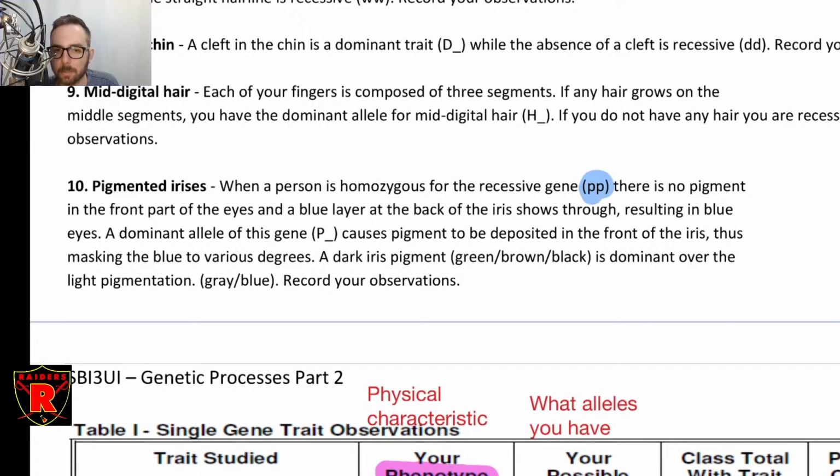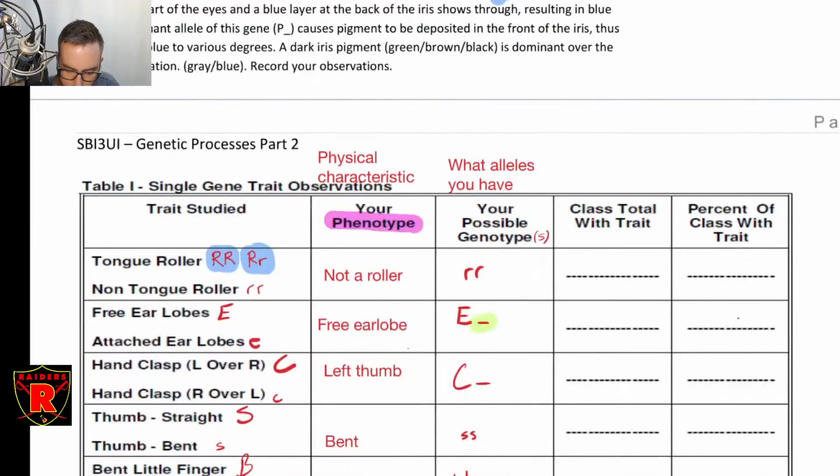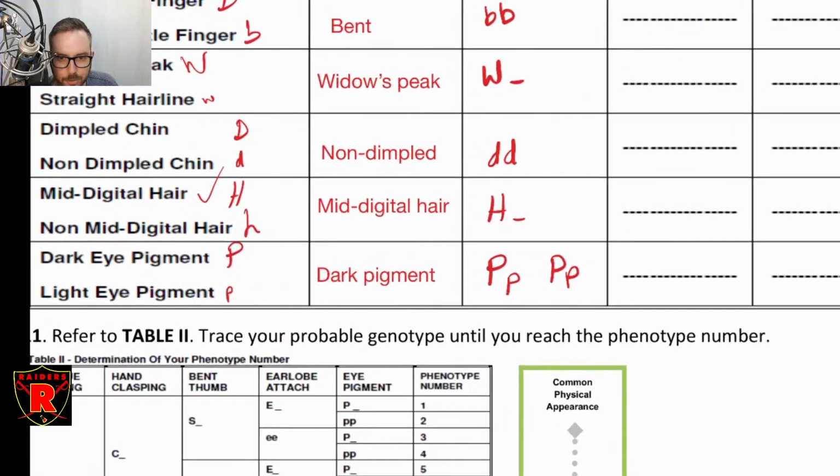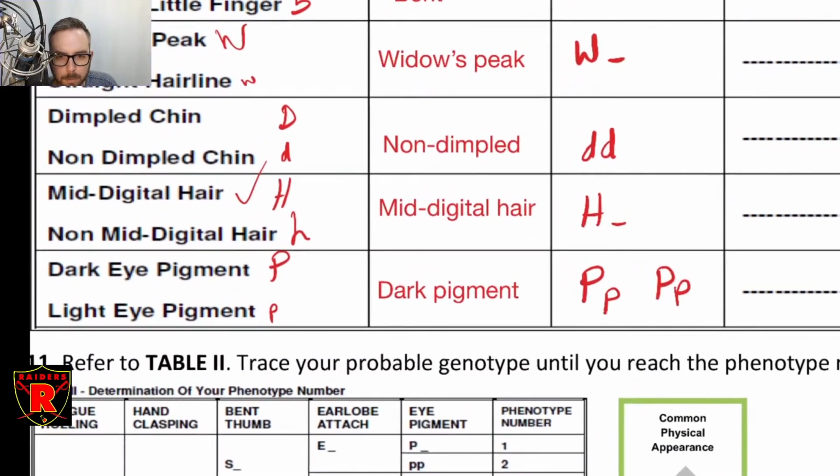Okay? The dominant trait here is for dark. So if you have dark eyes, you are showing the dominant. That's green, brown, or black. I have brown eyes, and so I have dark iris pigment. So I have the dominant trait. If you have light eyes, light gray or blue, then you do not have this, and so you would have 2 small p's.